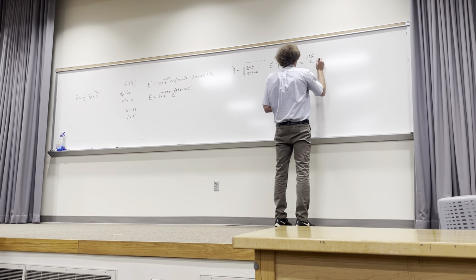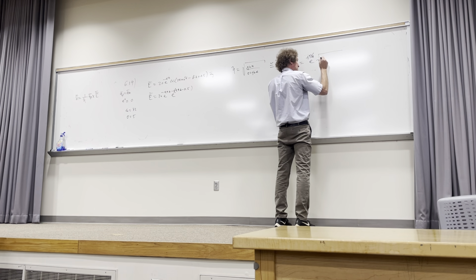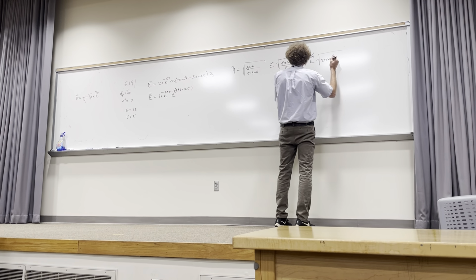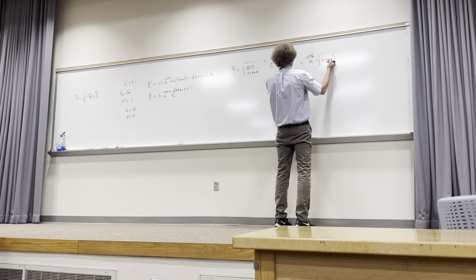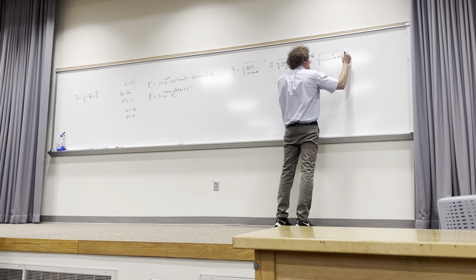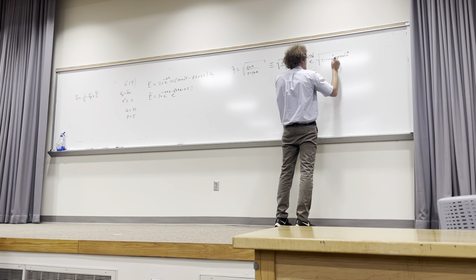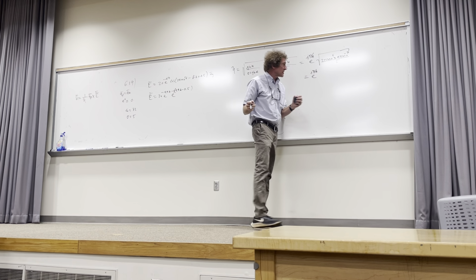I have the square root of omega, and omega is what? 2 pi times 10 to the 6th, right? Actually it's omega times mu, 4 pi times 10 to the minus 7, over sigma, which is 5. So if somebody can give me what this is, it'd be great.